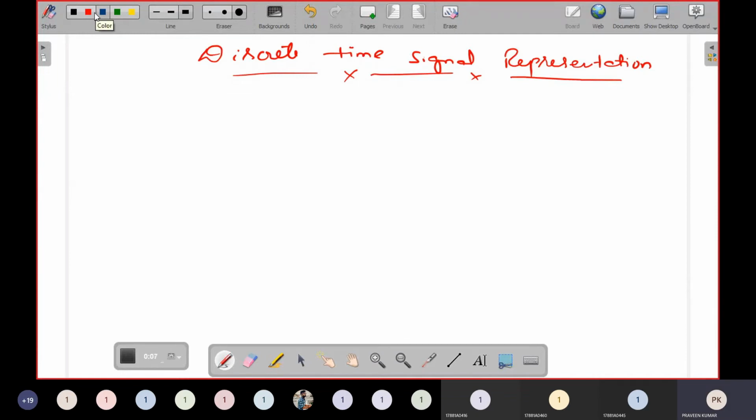In general, discrete time signals are represented in four ways.